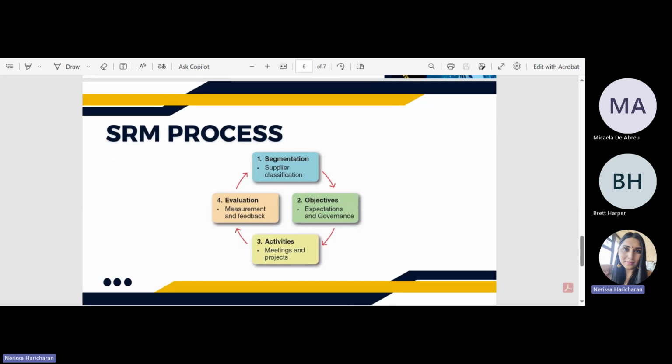So when we look at it, the first one that we're going to look at is segmentation. Segmentation is segmenting the supplier base for the business itself, to prioritize different items that the suppliers are supplying to them.